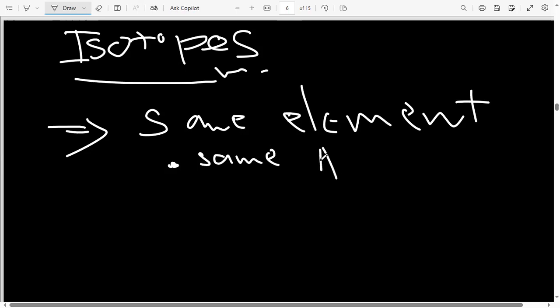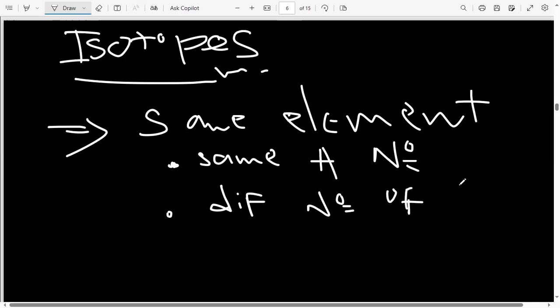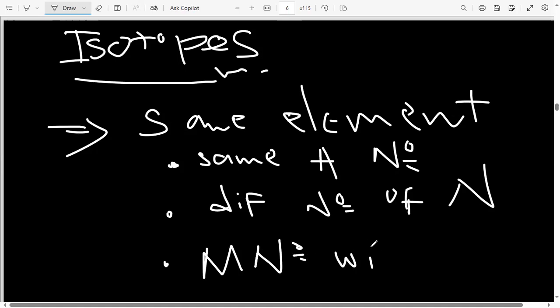But they have different numbers of neutrons. Because they have different numbers of neutrons, even their mass number, I'll just write Mn, will be different.